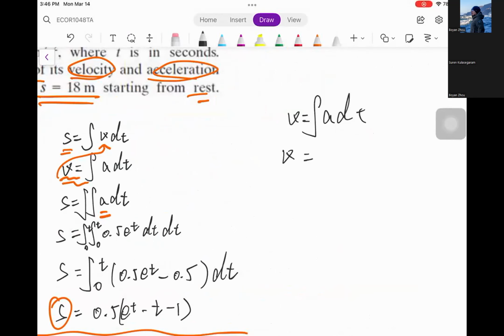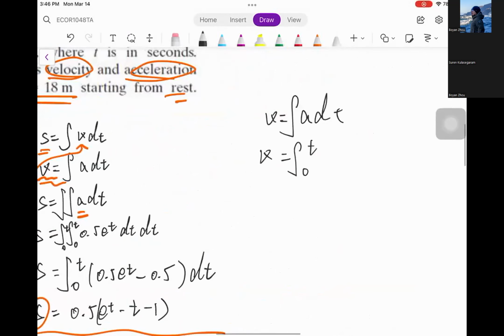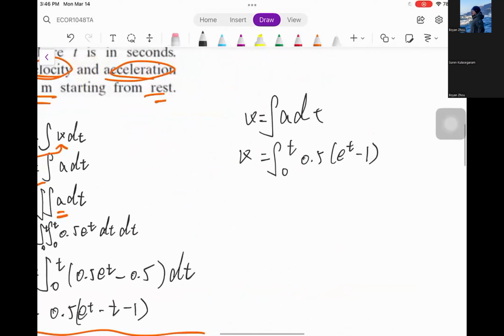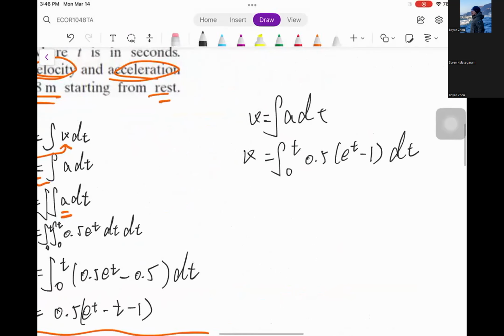So that is evaluating from 0 to t seconds of a, and a is also given as 0.5 times e to the power of t minus 1 dt. So v is equal to solving the integration inside, 0.5 times e to the power of t minus 1, evaluating from 0 to t.